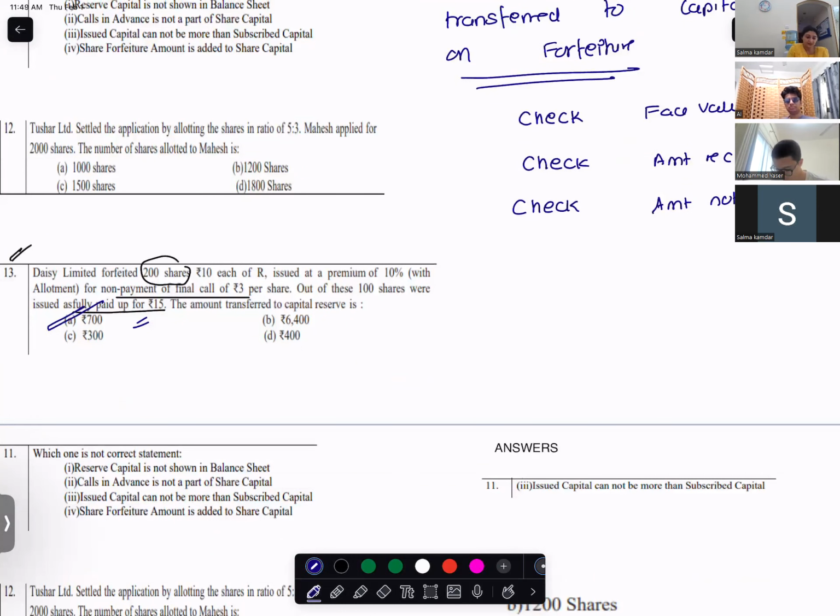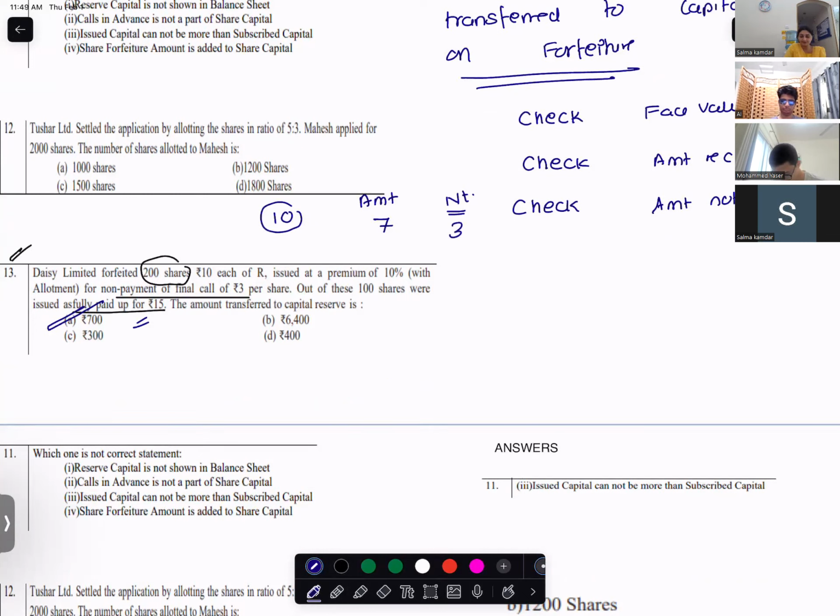First we check the face value, 10. Amount received of the face value is how much? 7. Amount received is 7. And amount not received from the face value is 3.